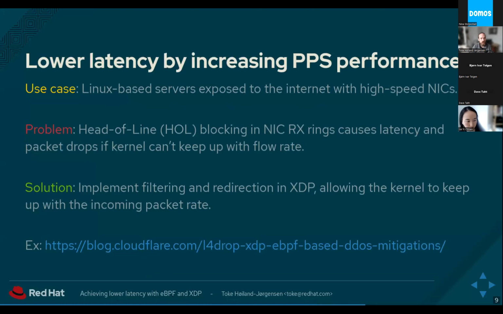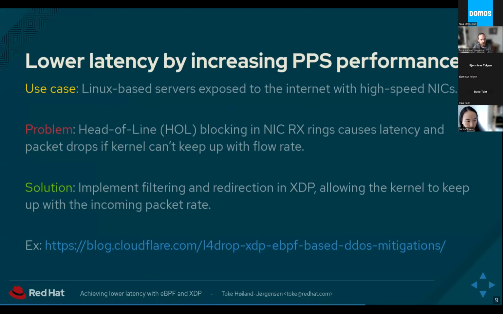What you can do to alleviate this is move the processing around. With XDP, we can increase the number of packets per second that we can process, and that means we can keep up with hardware at faster speeds. So we avoid introducing this head-of-line blocking and we avoid the packet drops, and you can do filtering.